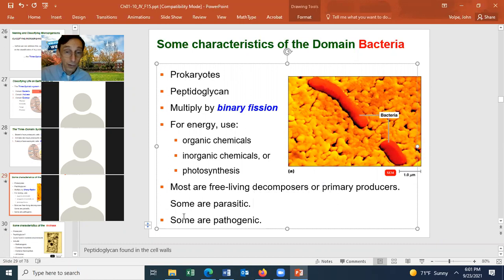And some of the bacteria are pathogenic, meaning they're bacteria which cause human disease. The main reason why we're mostly going to study the bacteria in this class is because the bacteria cause human disease. And the focus of this class is on microbes that cause human disease. Any question about any of that?